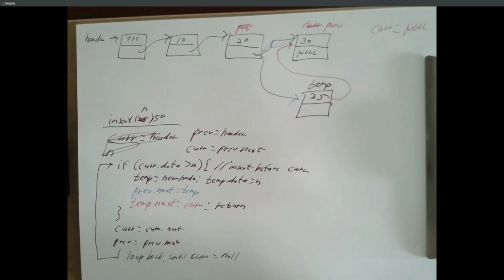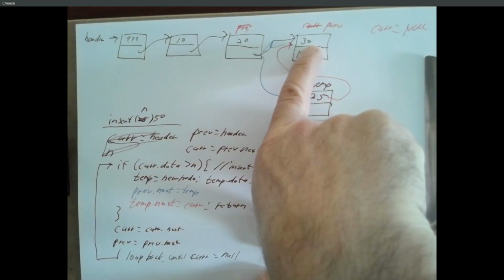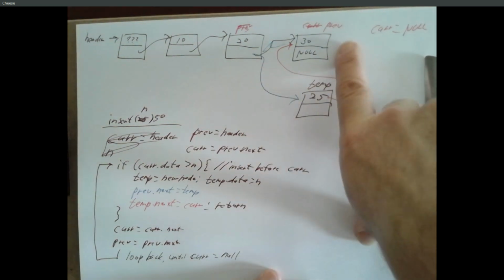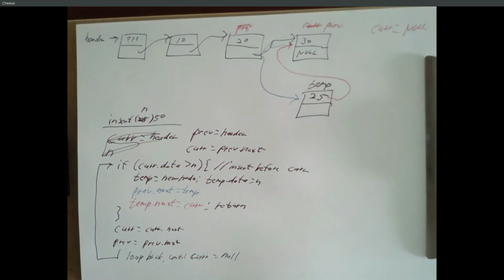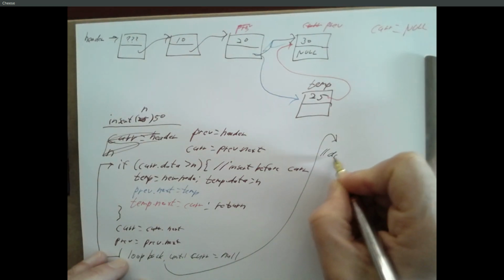Current is null though, but yeah, that's the right spirit of it. But there's an alternative answer. So here's our list, 10, 20, 25, 30. Physically, where do we want the 50 to go? We want it to go after 30, and 30 is our node called previous. So in this case, we want to add to end.